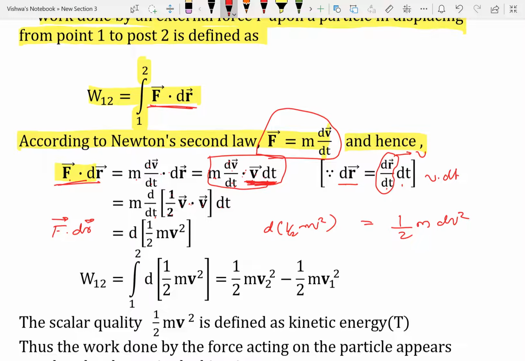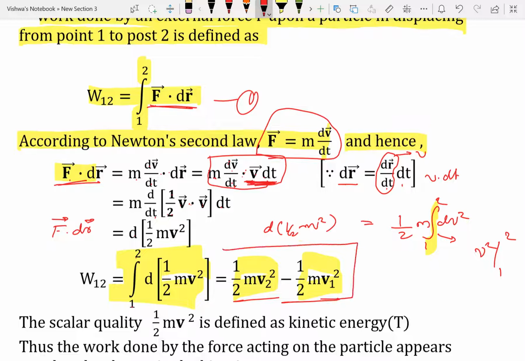Then when you substitute this in the equation, the work done W12 equals the integral of d of 1 by 2 mv square, with limits from 1 to 2. When you integrate this, it becomes 1 by 2 m v2 square minus 1 by 2 m v1 square.